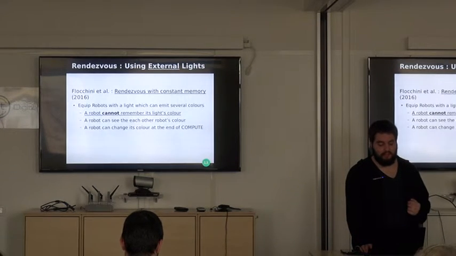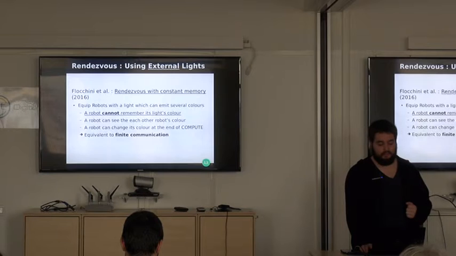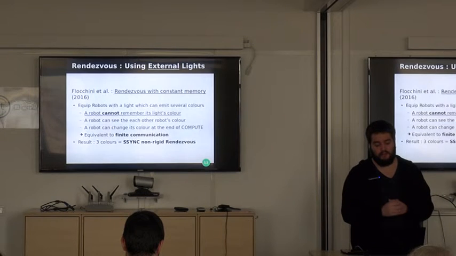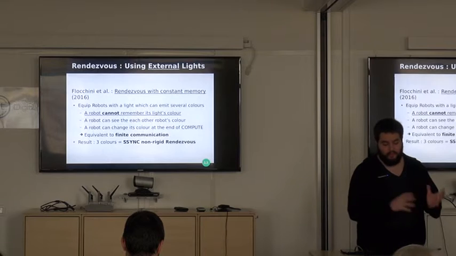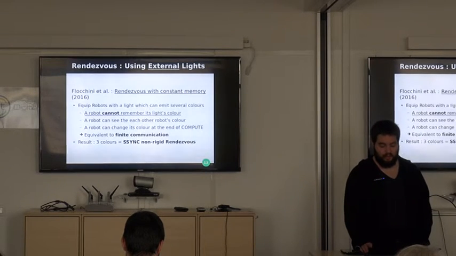But everything else is similar. The result is that instead of being finite shared memory, it's essentially finite communication between the robots. And when it was introduced, the result was that 3 external colors could lead to non-rigid semi-synchronous rendezvous. So with a weaker hypothesis, we have a slightly worse result, but it's still a lot better than not having any colors.